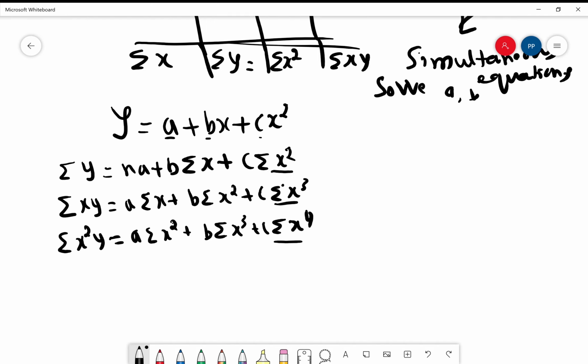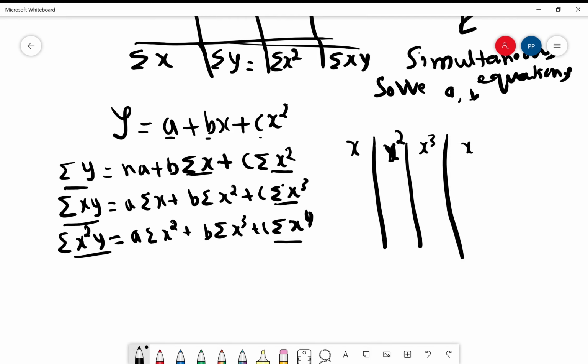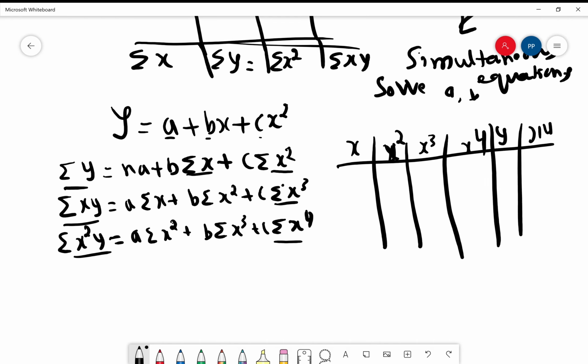These summation values we have to find from a table. We prepare it like this: x, next column x square, next column x cube, next x to the power of 4, then y, next column xy, then x square y.